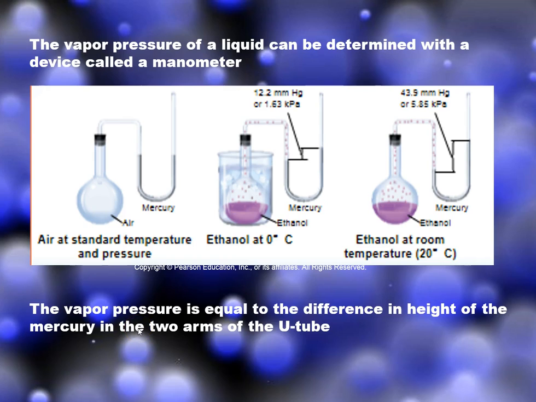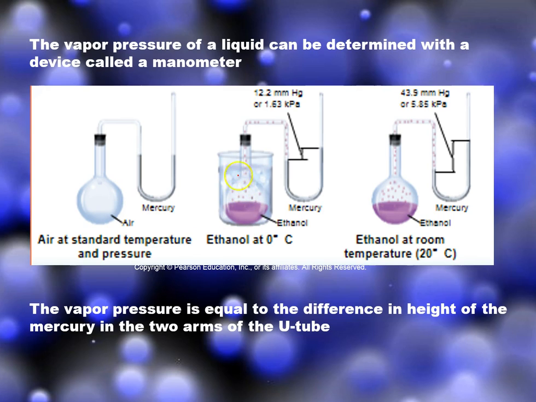Vapor pressure of a liquid can be determined with a device called a manometer. And so what you have here, if we take a look at this flask, we can fill it up with a liquid like we have here with the ethanol.